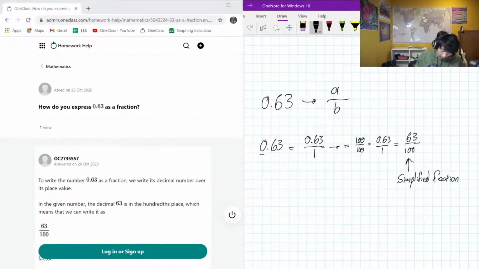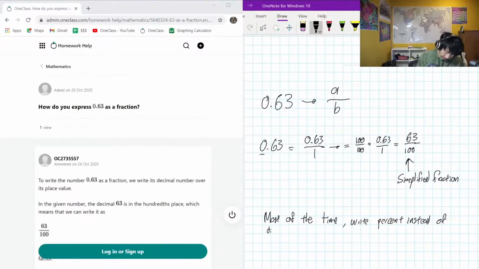Okay, and oftentimes when we have a fraction like this, most of the time you want to write them as a percent instead of a denominator of 100.